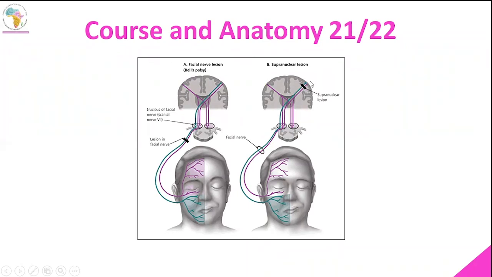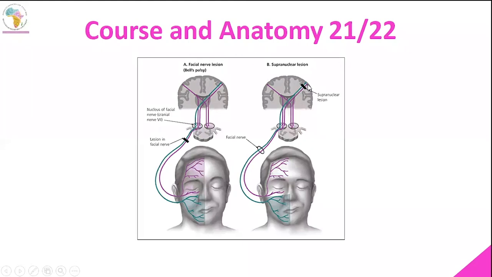These fibers synapse with the lower motor neurons. However, the lower motor neurons that supply the lower half receive information only from the contralateral side, while the fibers that innervate the upper half receive information from the contralateral as well as the ipsilateral side.